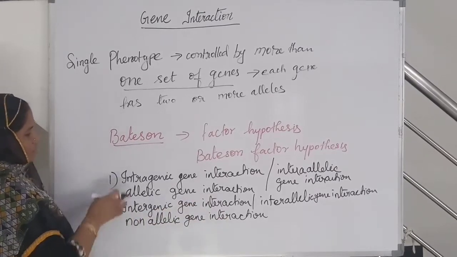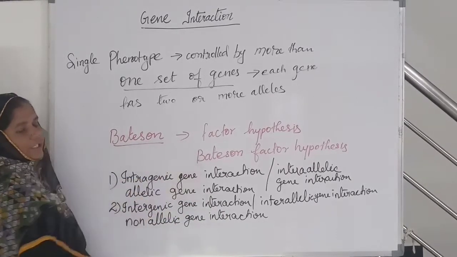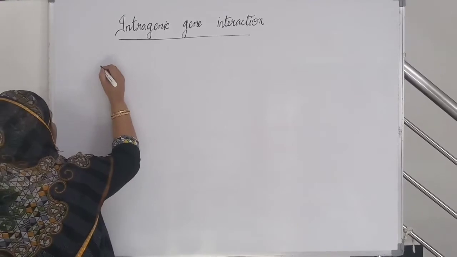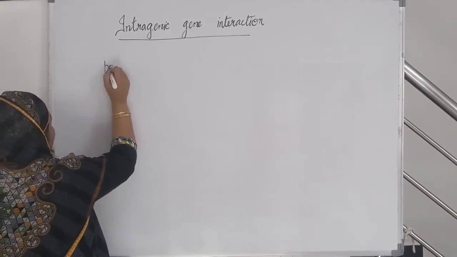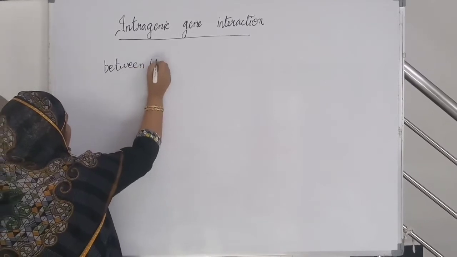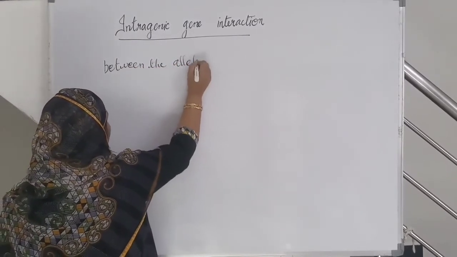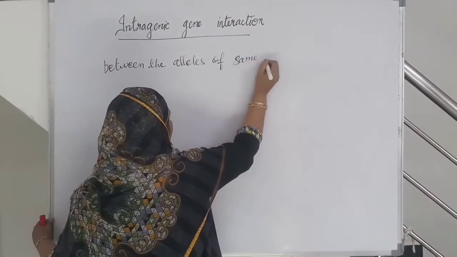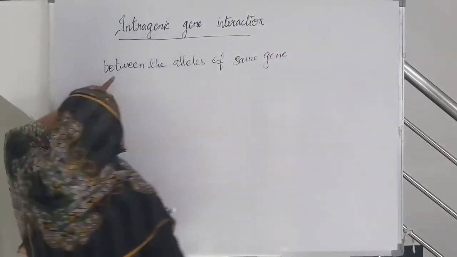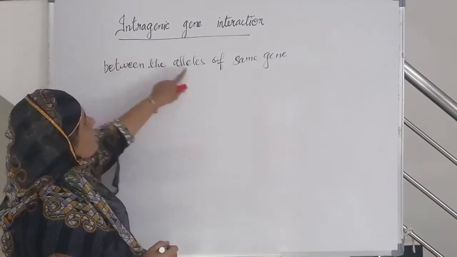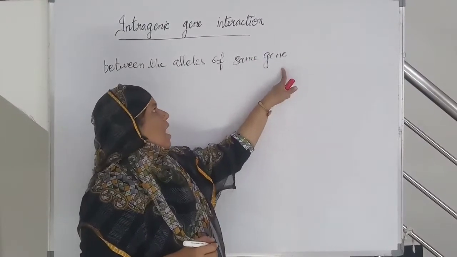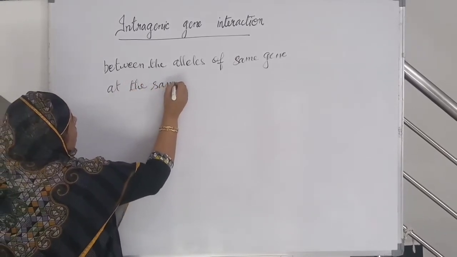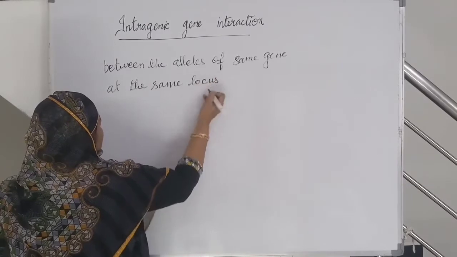In the intragenic gene interaction, the interaction occurs between the alleles of the same gene, at the same locus.